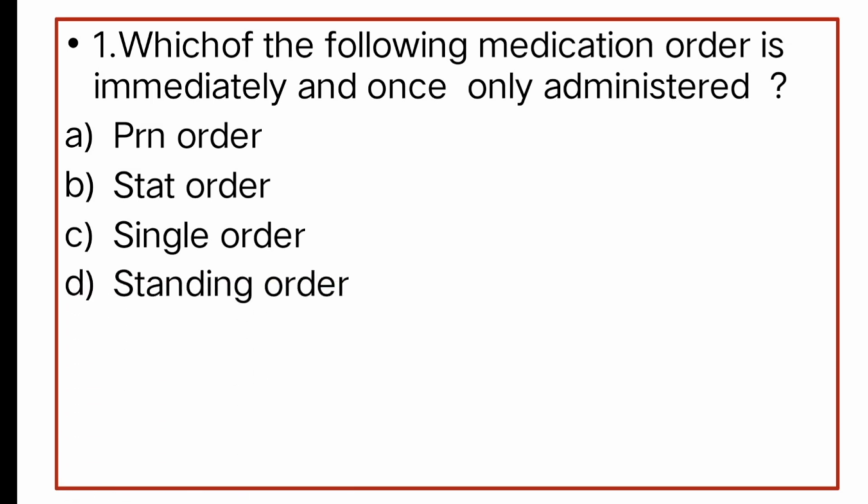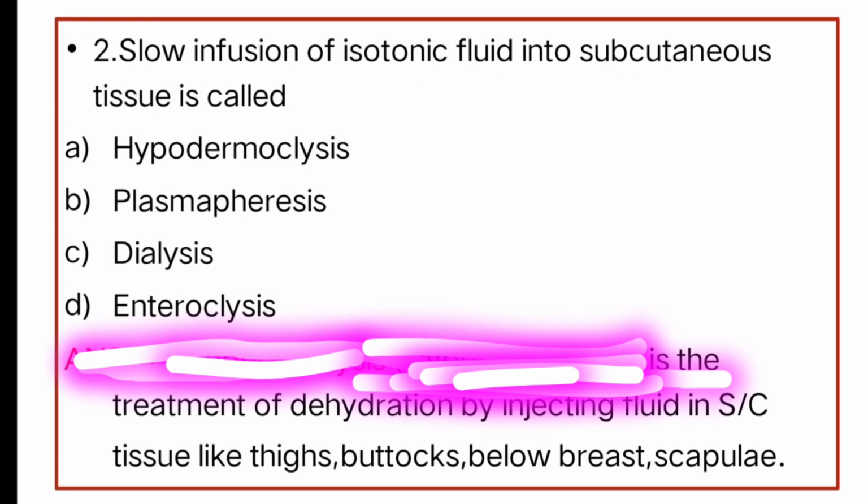This is a direct question. PRN means when required we have to administer, whereas stat order means immediately and only once we have to administer. So the answer is stat order. Single order and standing order are not related to this question.